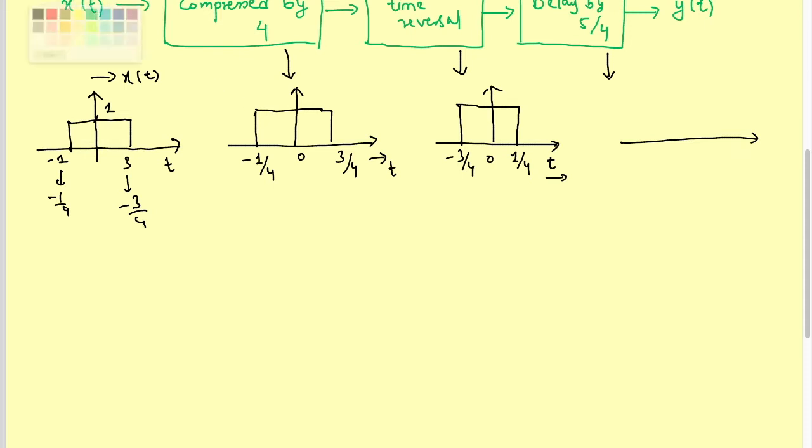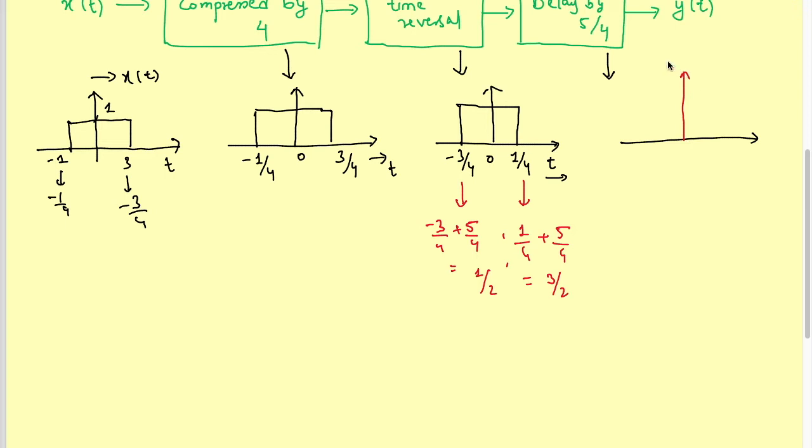Delaying the signal by 5 by 4 means moving in the right hand direction. So 1 by 4 plus 5 by 4 is equal to 3 by 2, and minus 3 by 4 plus 5 by 4 is equal to 1 by 2.